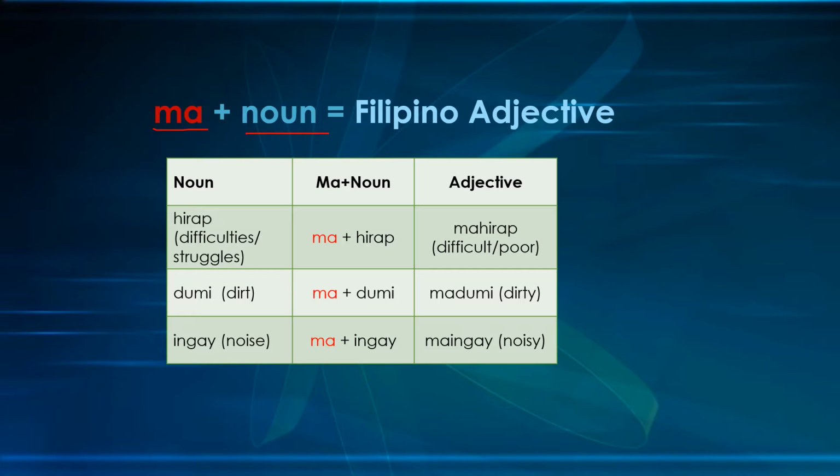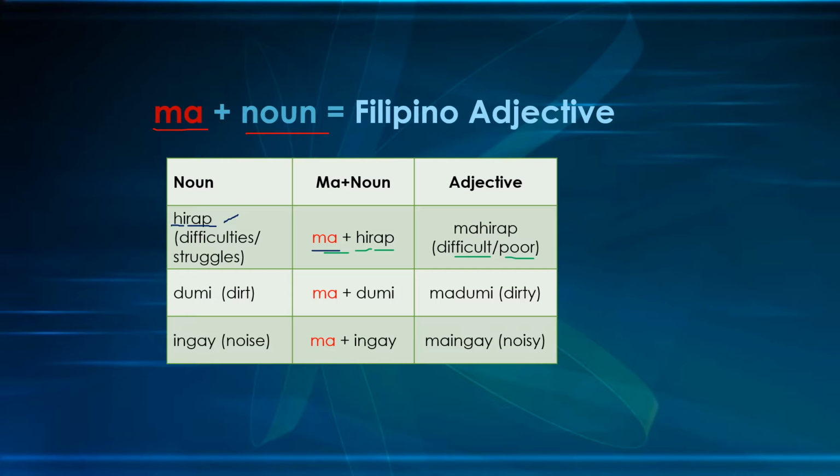Let's have an example. Let's think of a noun. Here I have the word hirap. Hirap means difficulties or struggles. Let's try putting the ma at the very beginning. Now we will have the word mahirap, and it means difficult or poor.